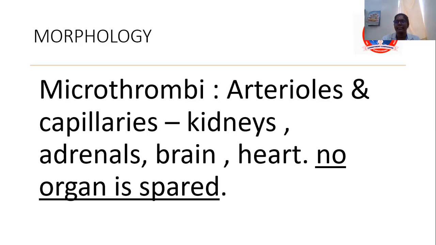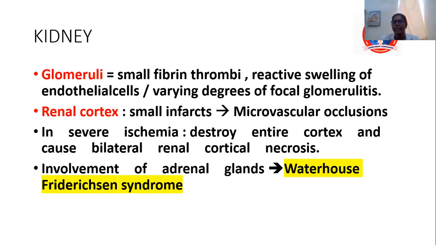In the next slide, we will see what is happening in the kidney. So kidney, as we all know, the nephron is the functional unit of the kidney, which is composed of tubules and the glomeruli.